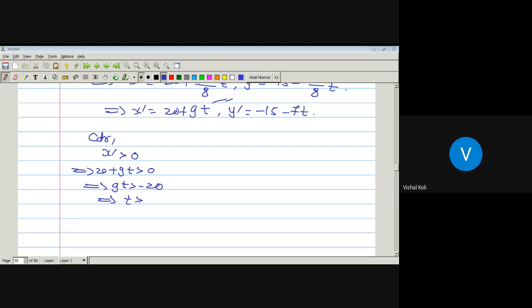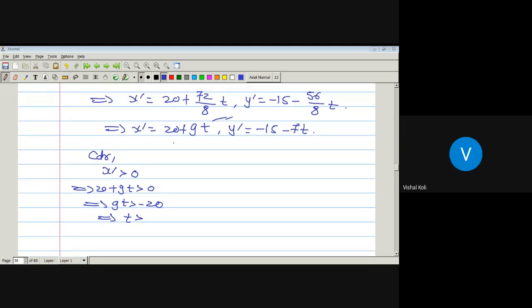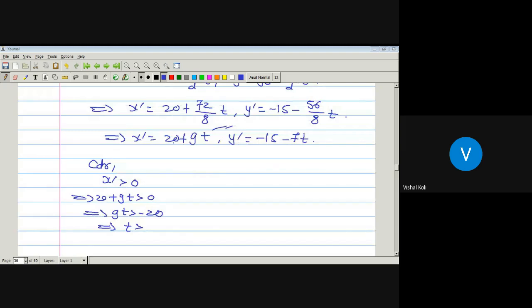What is the value of minus 20 divided by 9? It is minus 2 point something.